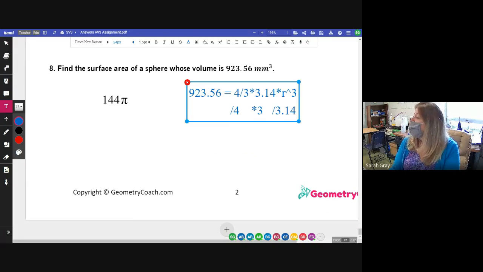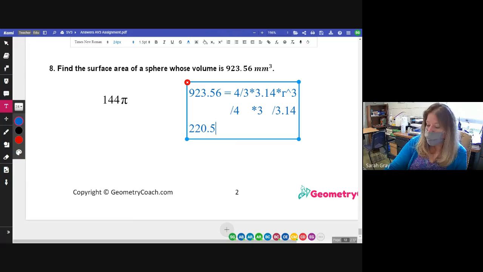The divide by 4 and the multiply by 3 is the inverse of the times 4/3. So divided by 4, times 3, divided by pi. That gave me 220.5 approximately, and that is equal to my r cubed.